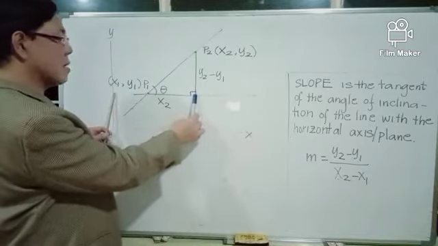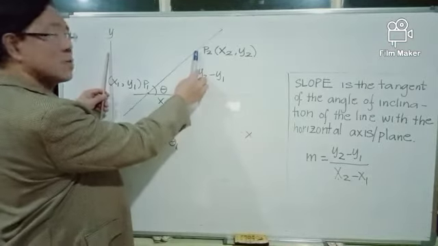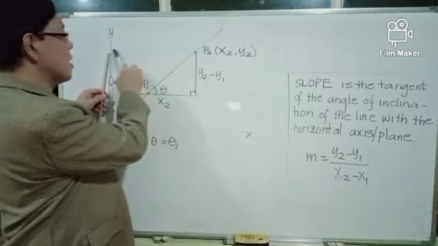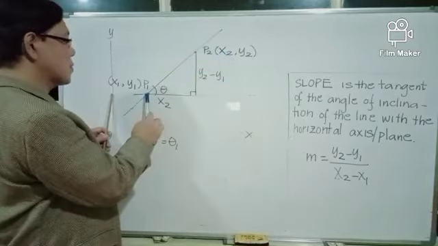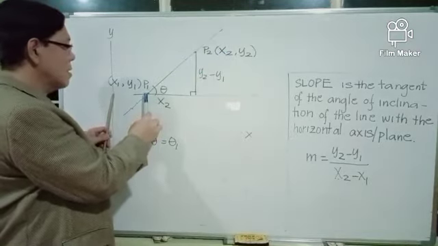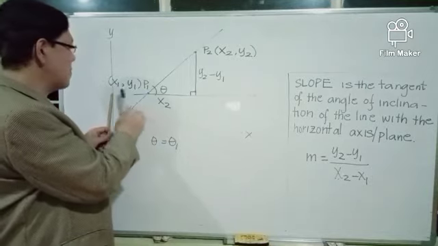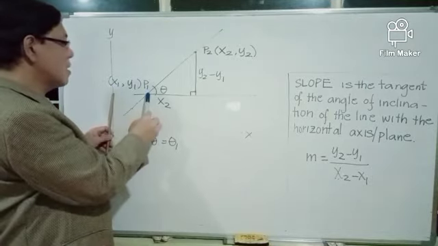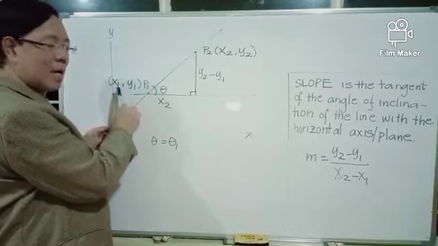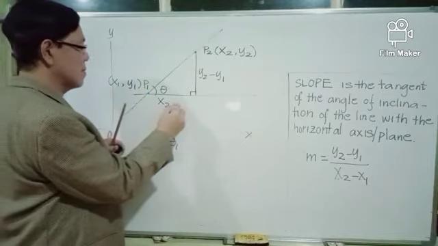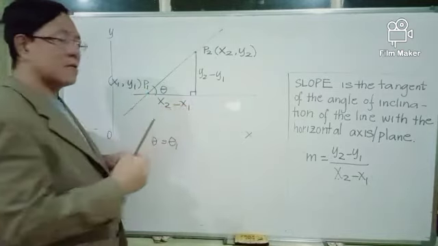And from this length, which is equal to x2, the distance of P2 from the y-axis, we have to subtract this length. And this length is given by the distance of the point P1 from the y-axis, and is given by x1, minus x1.